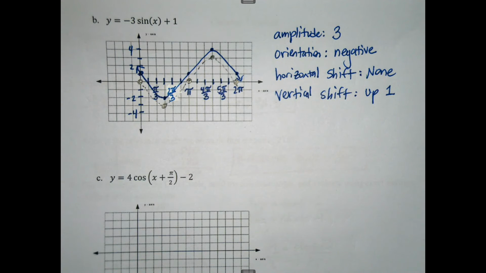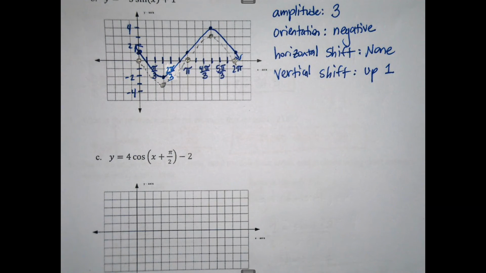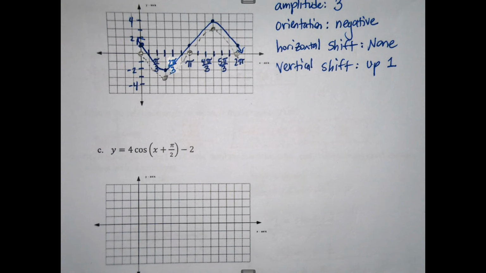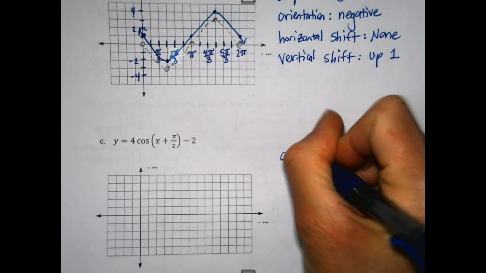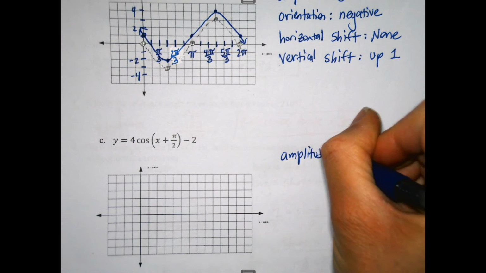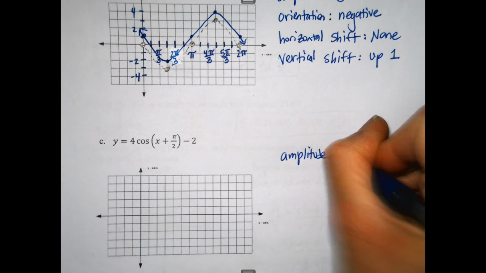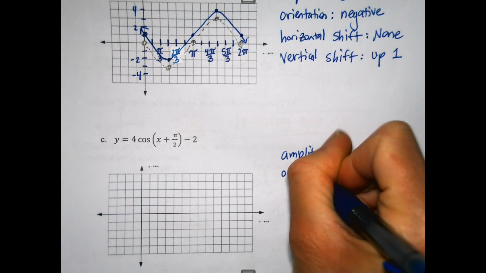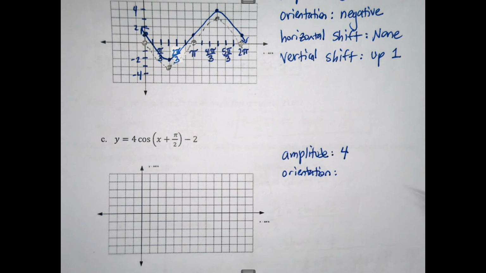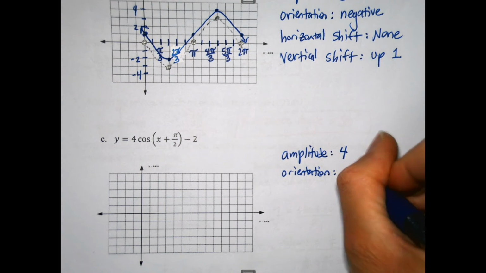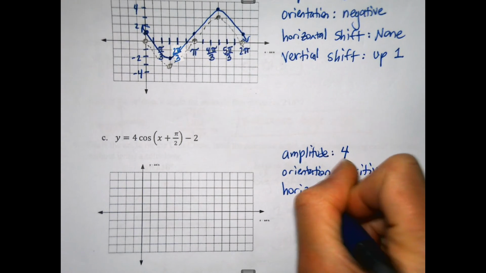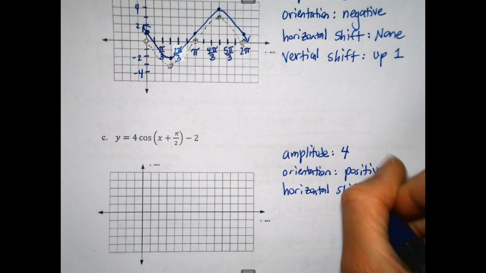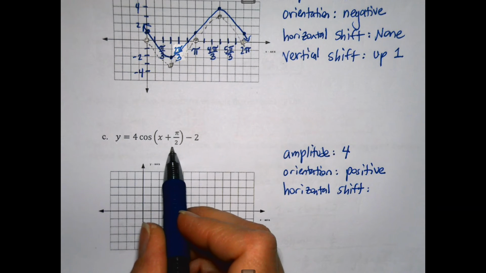And then part C. Part C wants us to graph y is equal to 4 cosine of x plus pi over 2 minus 2. Well, our amplitude in this case happens to be 4, since our A is 4. Our orientation is positive. Horizontal shift, that's given by our h.